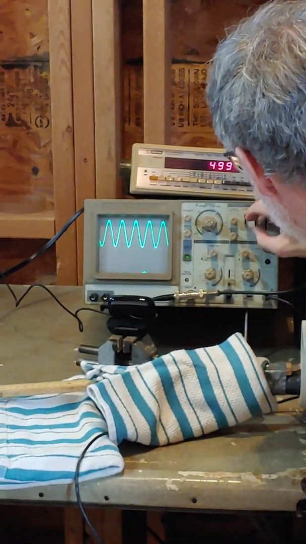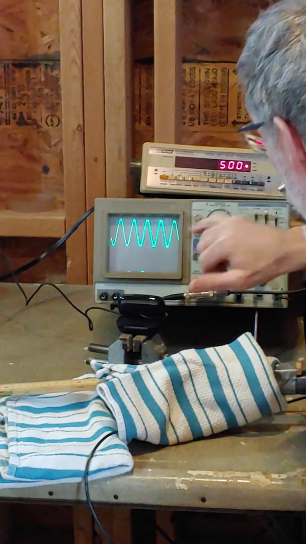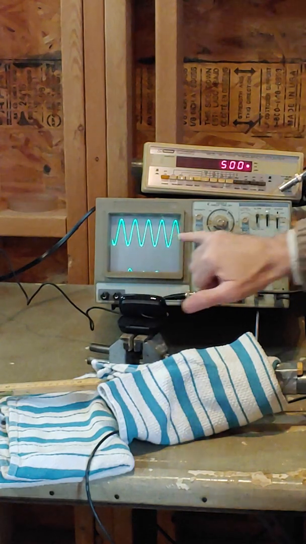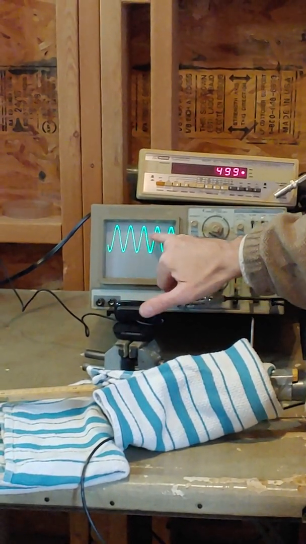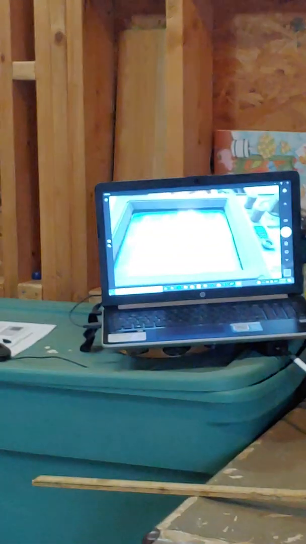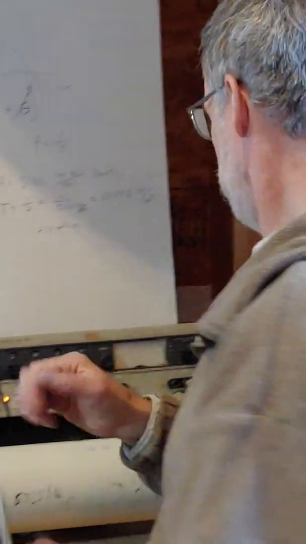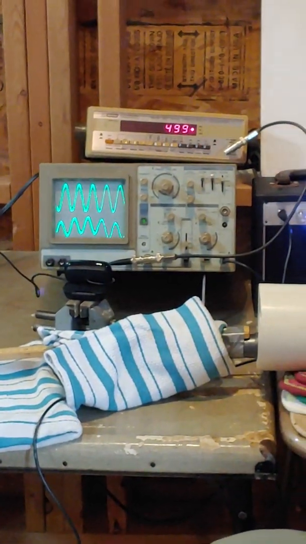Does that look right? Yeah. We get 2 divisions, and that's 1 cycle. So that's exactly 1 cycle every 2 milliseconds, which is what it should be. Does that make sense, Gabe? Yes. Absolutely. See, even Gabe agrees. All right, this is easy stuff. Everybody get that? All right.